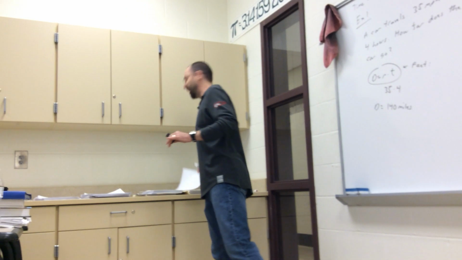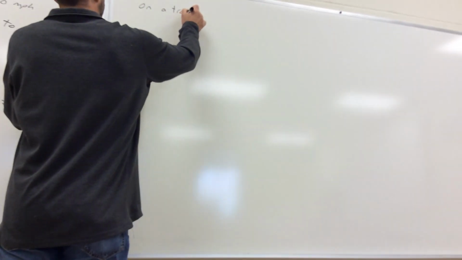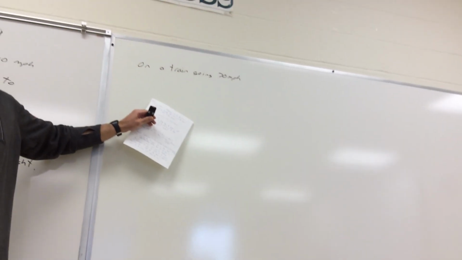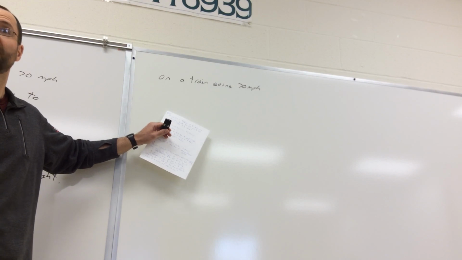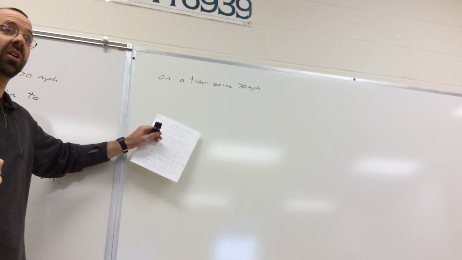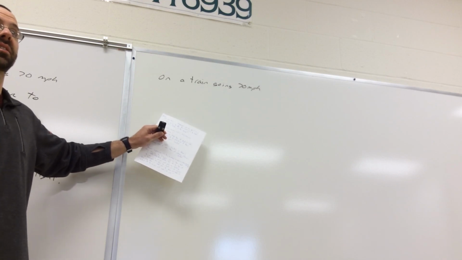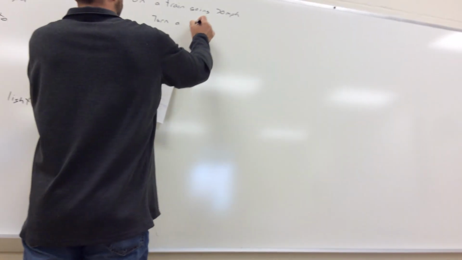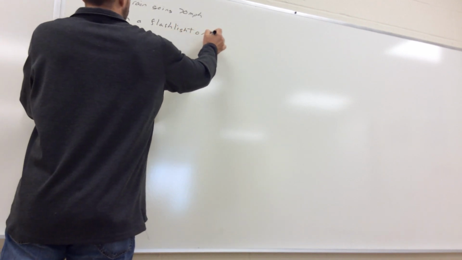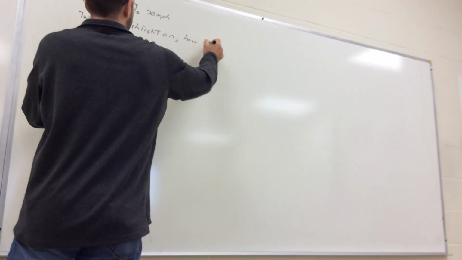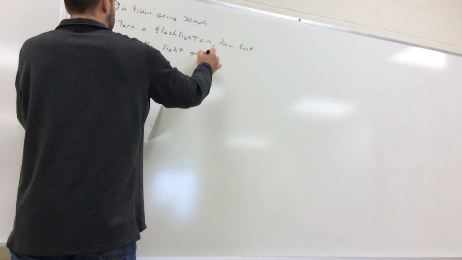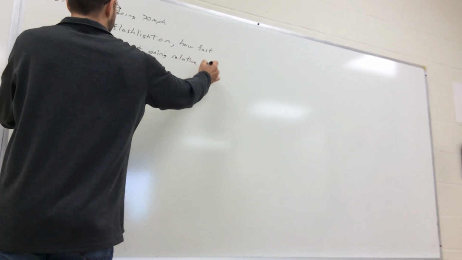So now, let's say you're back on your train going 70 miles an hour, and you have a flashlight. And you turn the flashlight on. So how fast is the light going relative to the train?